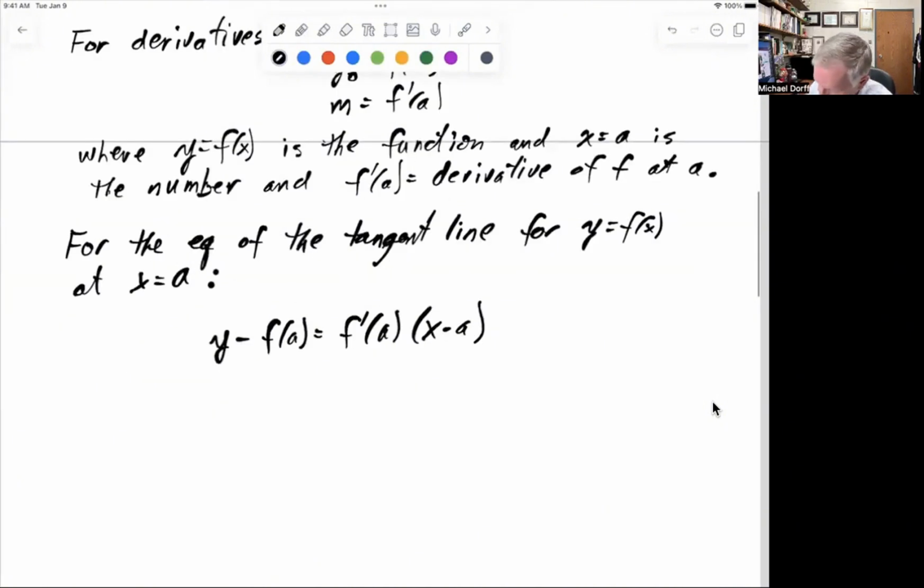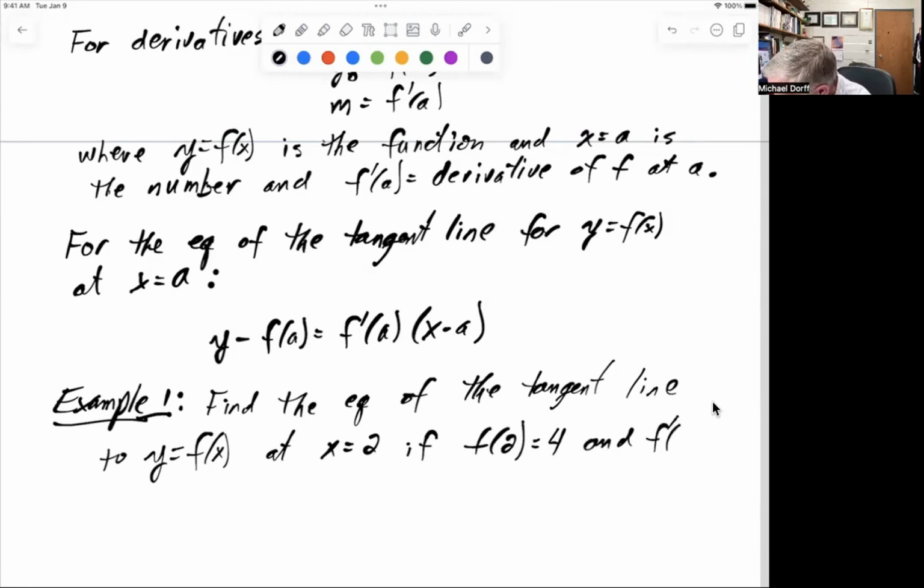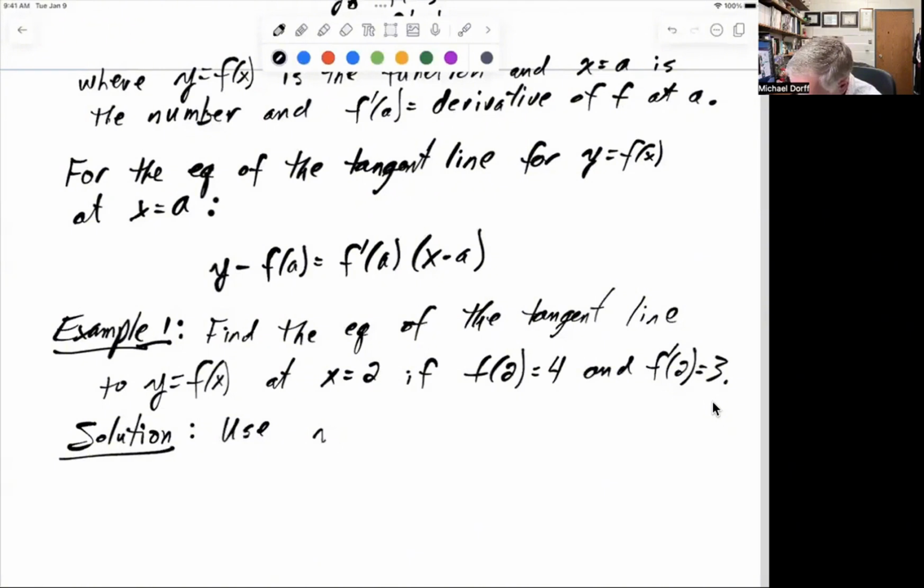All right, so let's do an example. Example 1. Find the equation of the tangent line to y equals f of x at x equals 2 if f of 2 is 4 and f prime of 2 equals 3. So we're going to use y minus f of a equals f prime of a times x minus a.